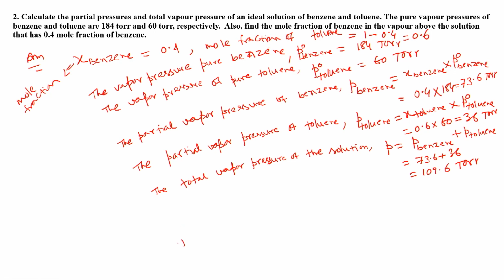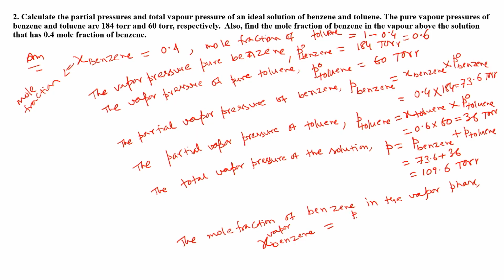Now we have to also find the mole fraction of benzene in the vapor phase. The mole fraction of benzene in the vapor phase, X benzene, is P benzene by total pressure, right.